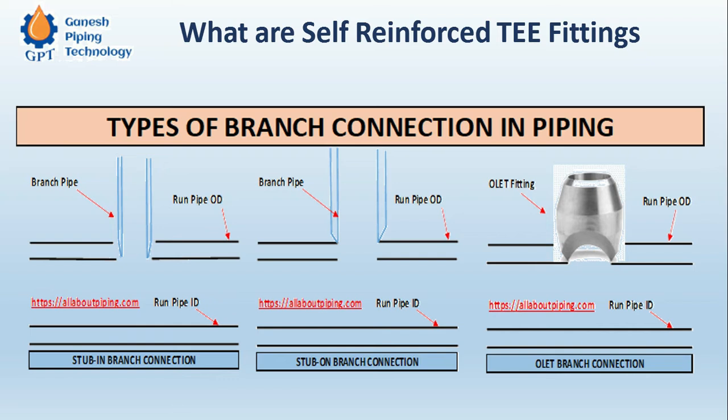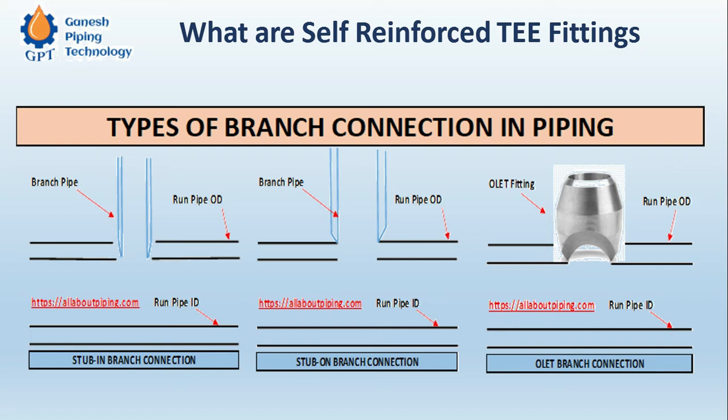But now when we have created a hole by drilling on the header, the cross section has been removed, some material has been removed from that cross section, and because of that there are chances that the branch has become weak.